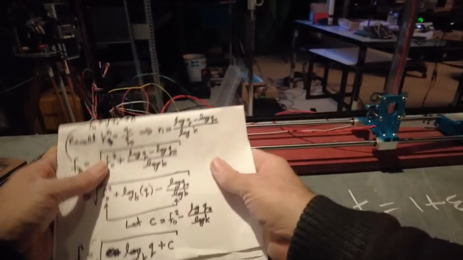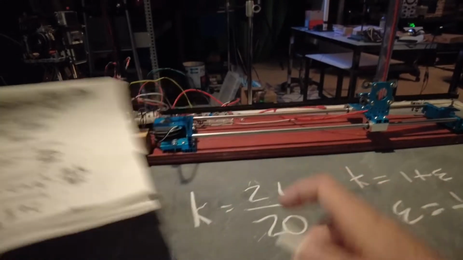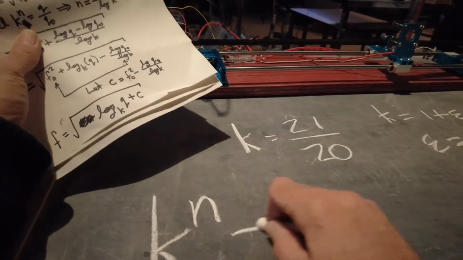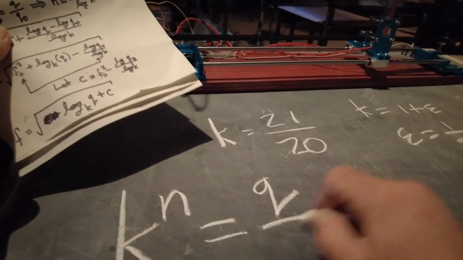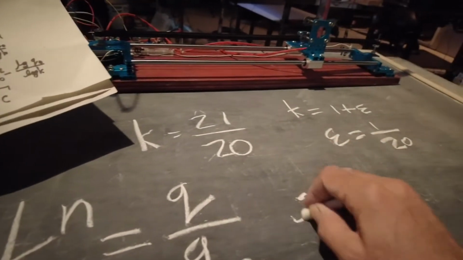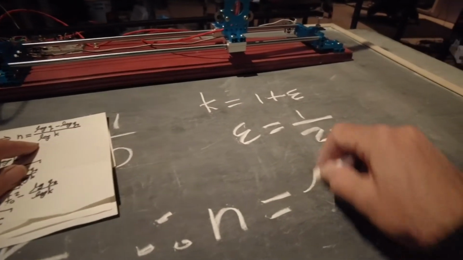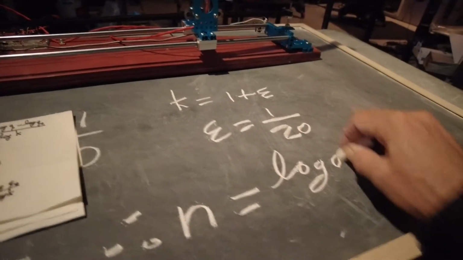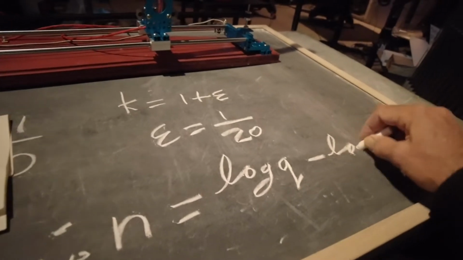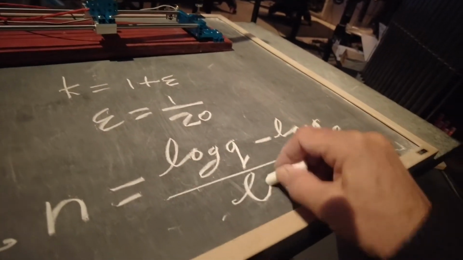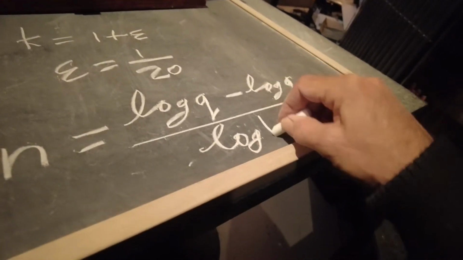So the key observation is we've got this notion of k to the n equals q over q0, and therefore we have n equals log q minus log q0 over log k.